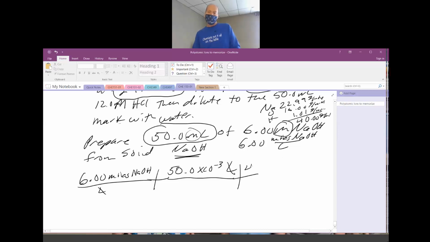And so now it is 40.00 grams per mole. And when I push the buttons, I have 6.00 times 50 times 10 to the minus 3 times 40. I get 12. All right, so I have 12.0 grams NaOH.